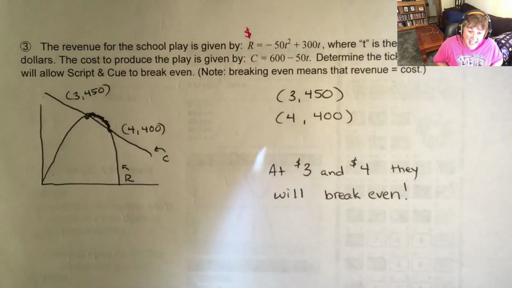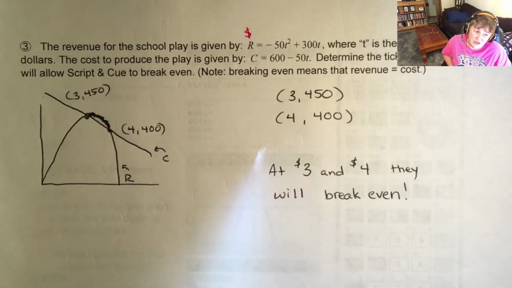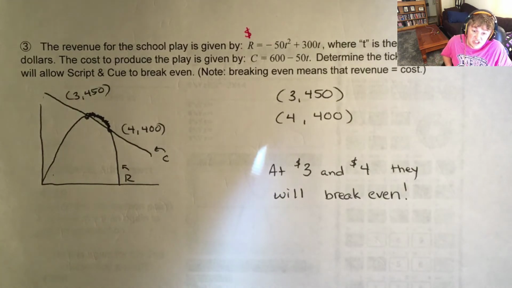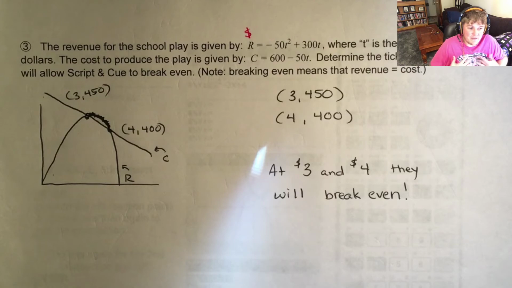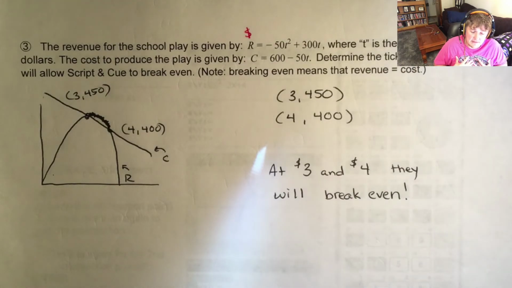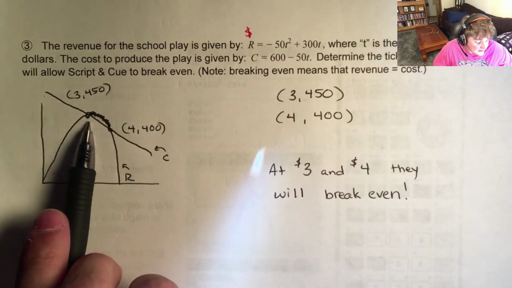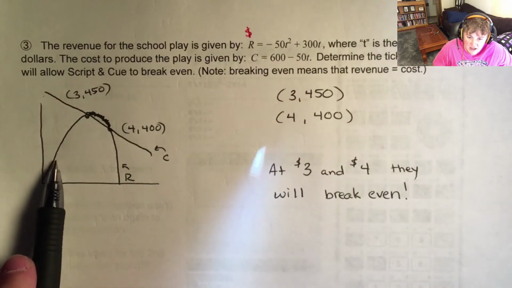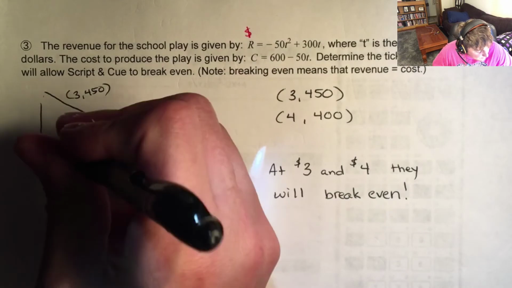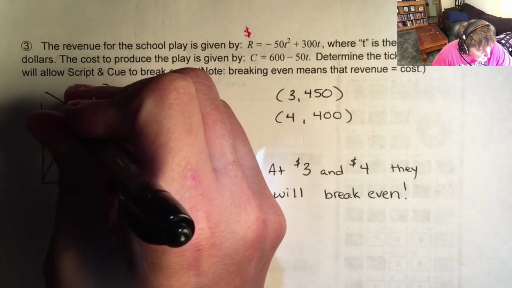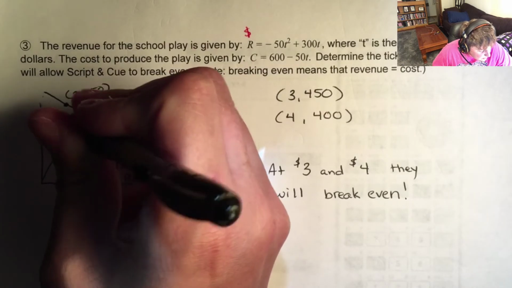So really anything between $3 and $4 ticket prices is going to be positively impacting me to make a profit. If we pick any amount of money, for example $2, right here, our cost is so much higher than our revenue.